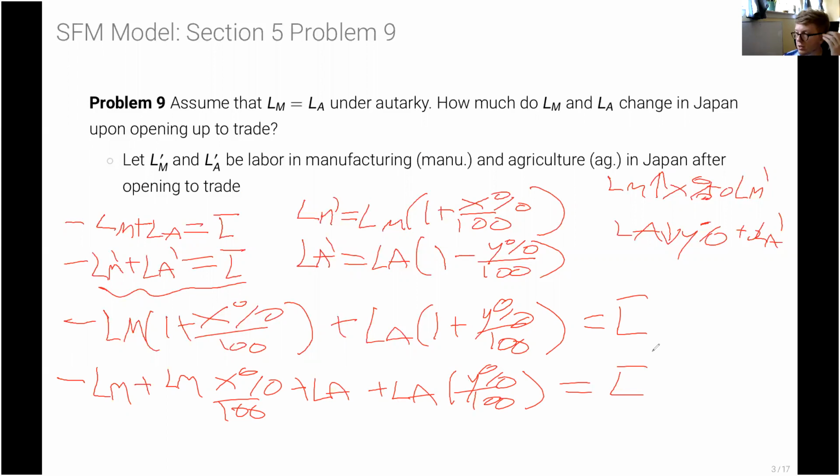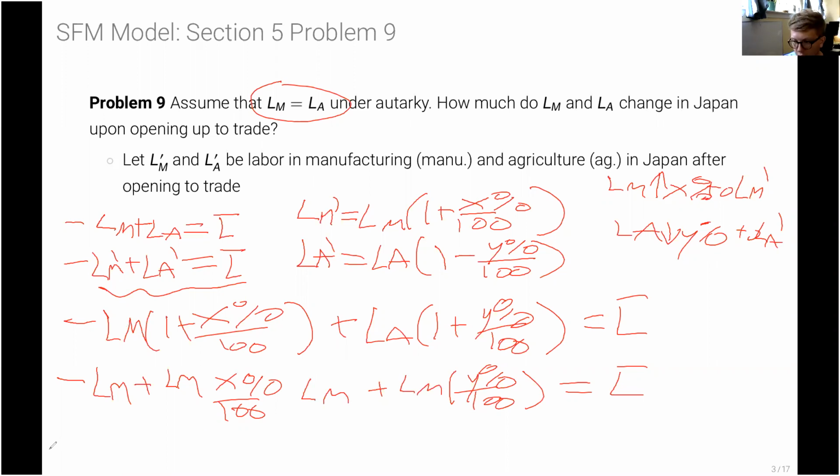And then all I'm going to use is the fact that LM is equal to LA to substitute for wherever LA shows up here. I'm just going to substitute in LM for LA on both sides of this.